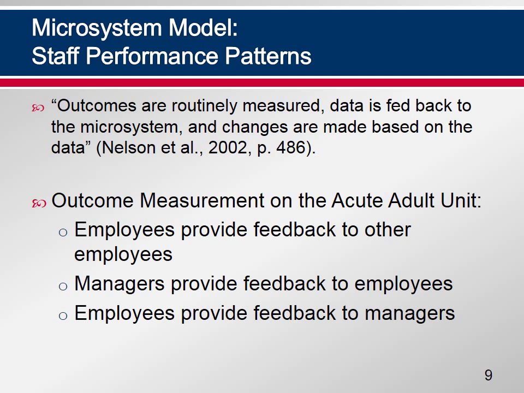And then our managers also provide feedback to us in the form of our yearly evaluation. And they'll show charts on our unit that show our medication scanning percentages, our patient satisfaction scores. These are all ways that we can see our outcomes. And employees at my work will also provide feedback to managers through a survey on them.